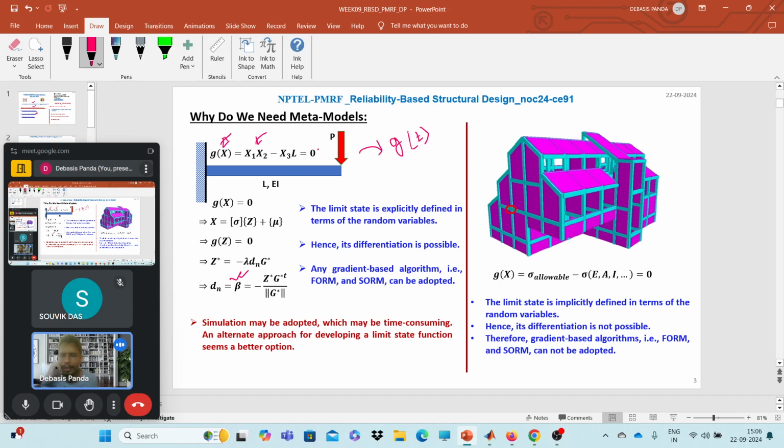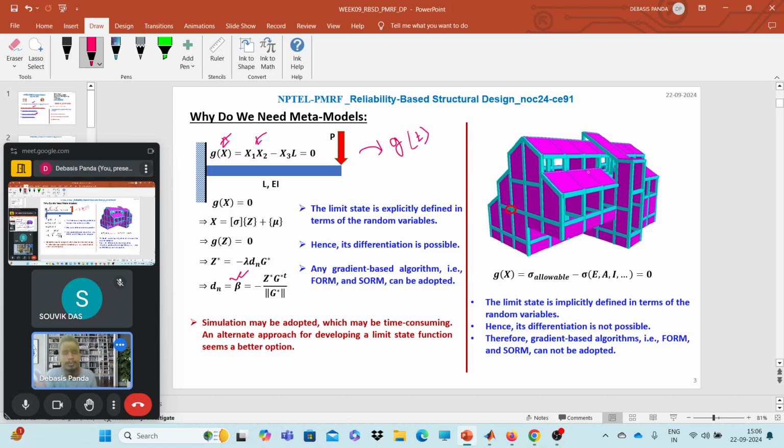Otherwise we cannot find the gradients, or the first and second derivatives. Most engineering structures like buildings and bridges are generally modeled with the help of finite element software, that is, in a finite element framework. So many times we may not have the limit state in explicit form, meaning it may not be defined completely with respect to the basic variables.